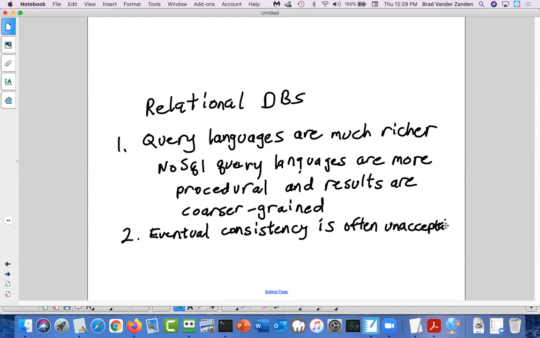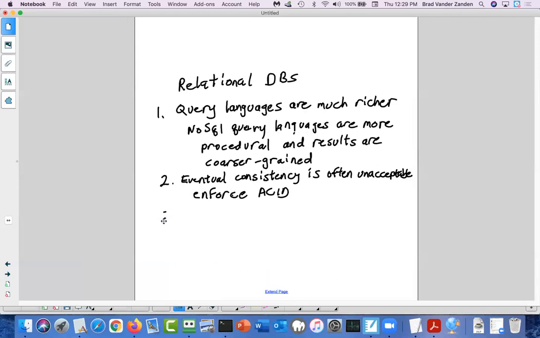Another way to say it is that relational DBs enforce the ACID principle of atomicity, consistency, isolation, and durability. So you can be sure that your transactions are not going to conflict with each other, and that when they commit, they'll be durable and can't be rolled back. But in particular, you can be sure that your transactions aren't going to conflict.